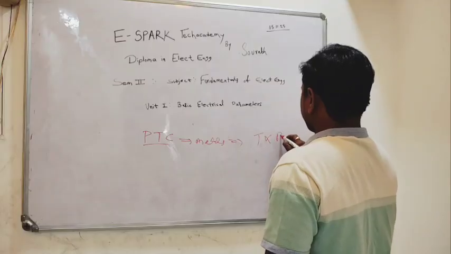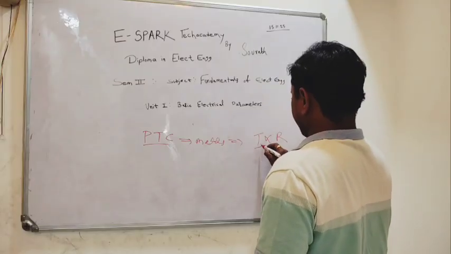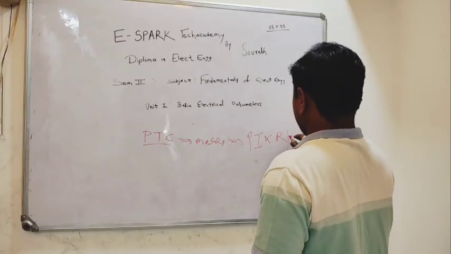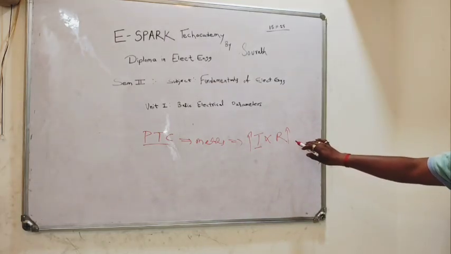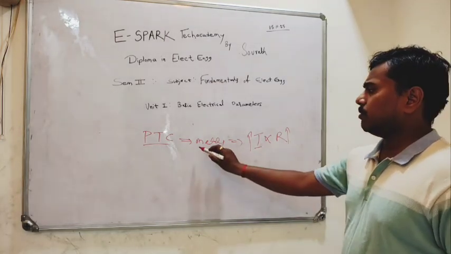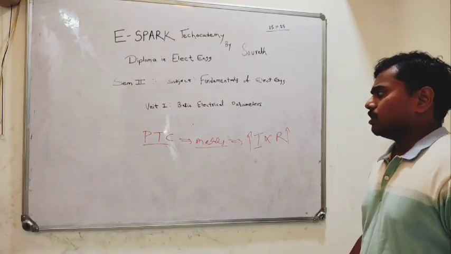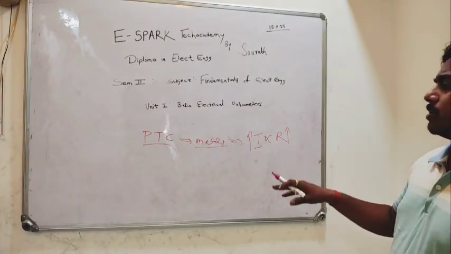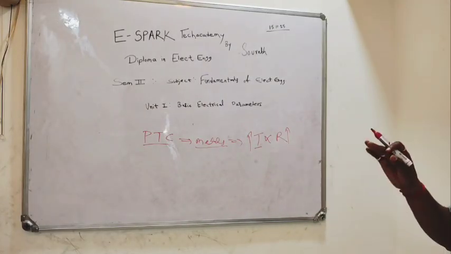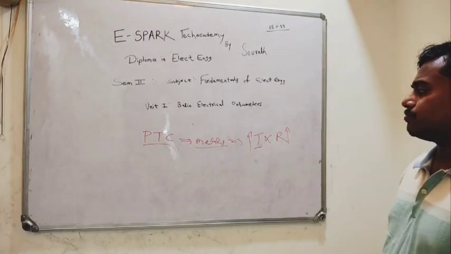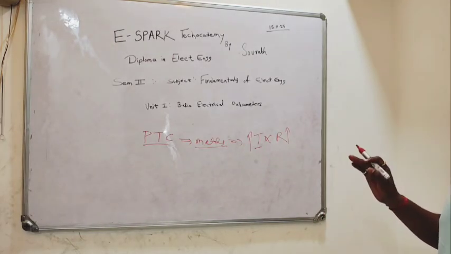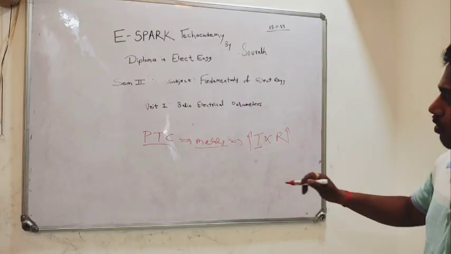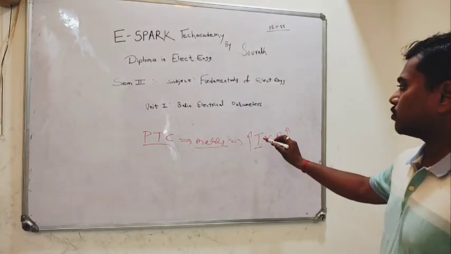For metals, temperature will be directly proportional to resistance, meaning as resistance increases, temperature increases. All metals have this property, except some kinds like metalloids.